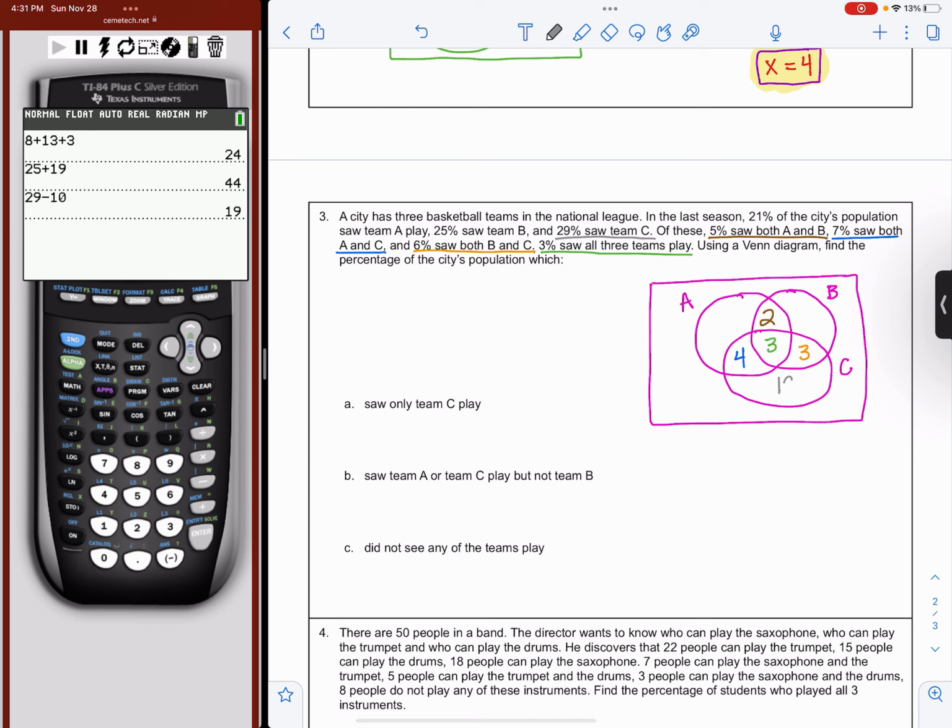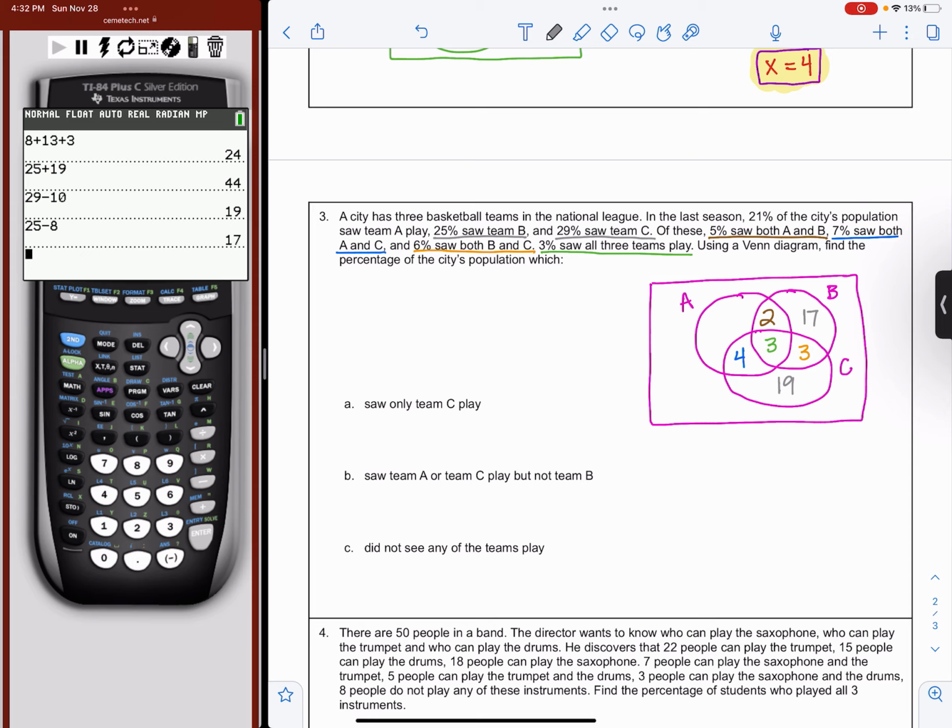So there were 19% who only saw Team C play. Okay. Then it says 25% saw Team B. So if we do 25% and subtract the percent who saw Team B, which is 3, 3, and 2, so that's subtracting 8. That means 17% saw Team B only.